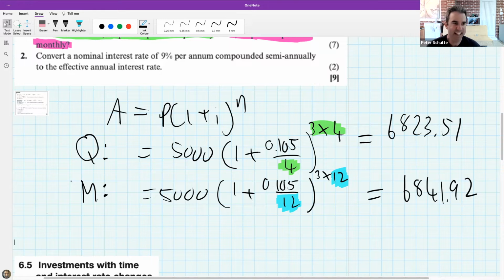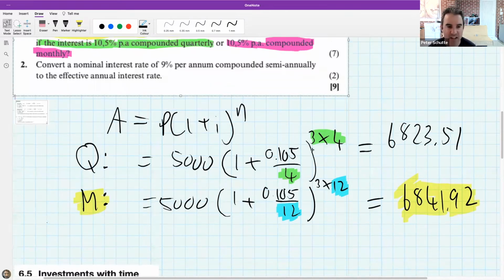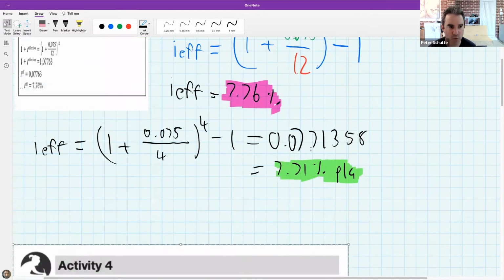Okay, it would clearly be the M because you end up with more money, right? Now, the thing is, the effective interest rate is higher when you chop it up into a monthly period than if you chop it up into a quarterly period. Can you see the connection to the first question of today where I showed you that the effective rate was higher?